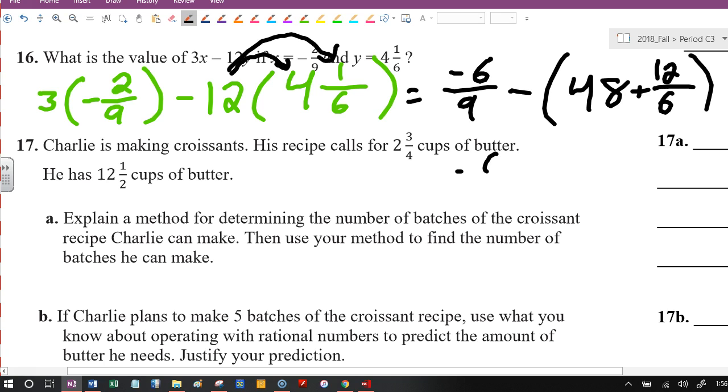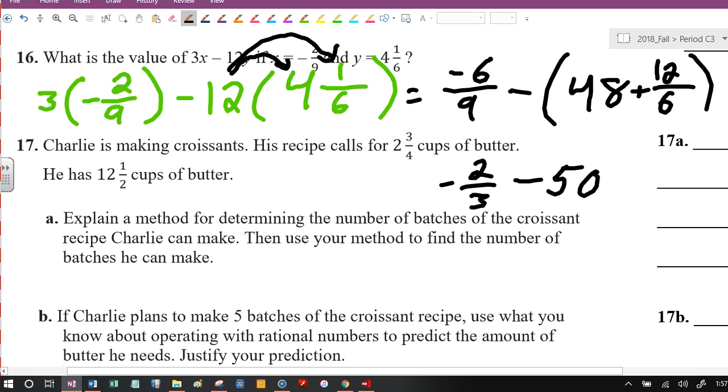So we have negative 6 ninths. Actually, we can reduce that right now. What's that reduced to? Negative 2/3. And negative 50, because 12/6 is 2.